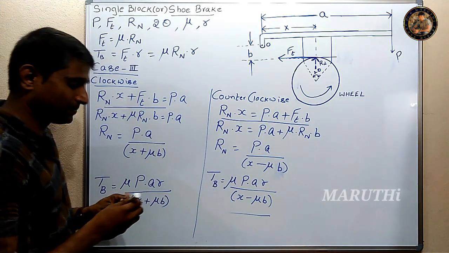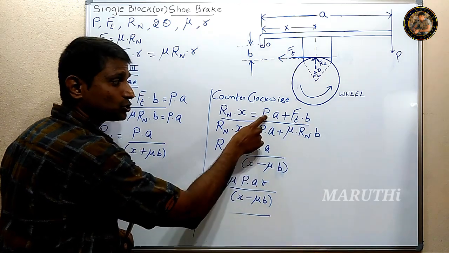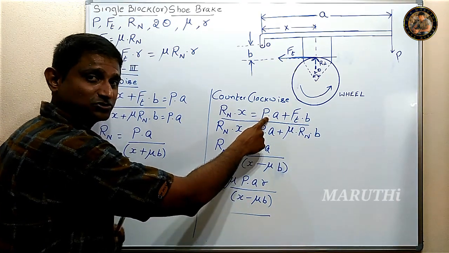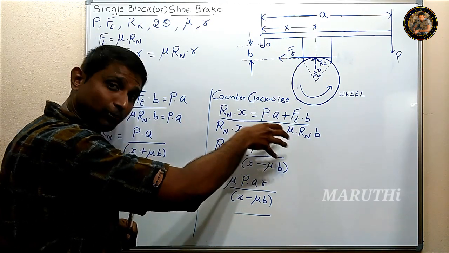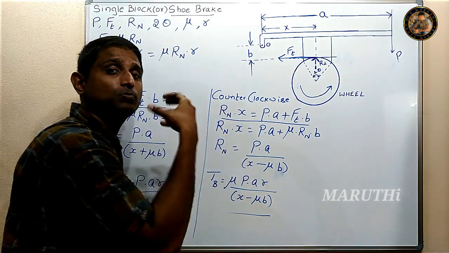If we look at this one, the moment because of friction force is adding to the moment because of P, the external force. That's why here it supports the braking force, it supports the actual friction. So here braking is more effective.